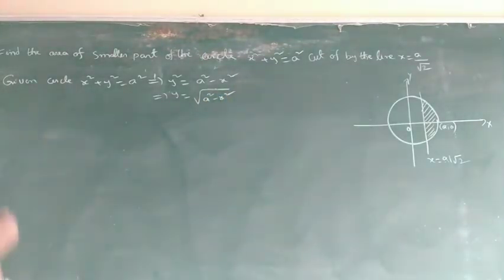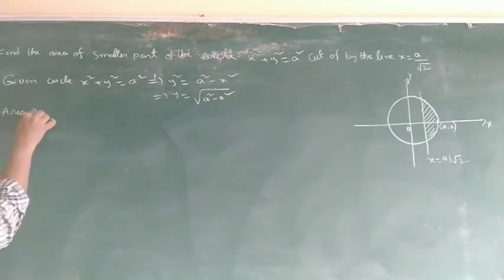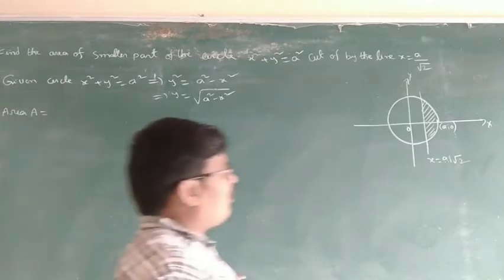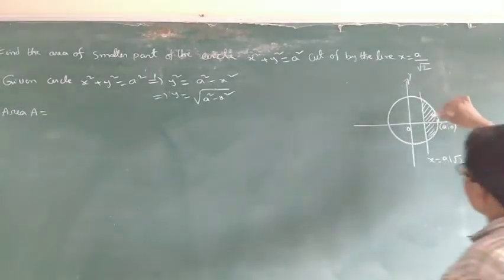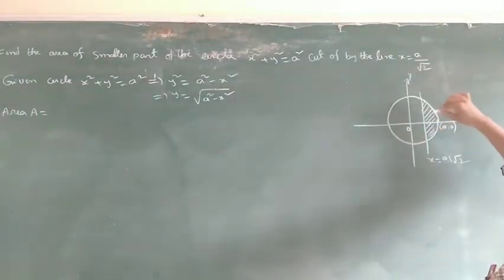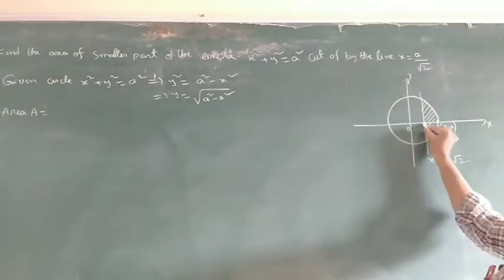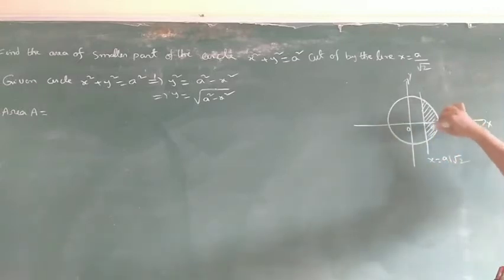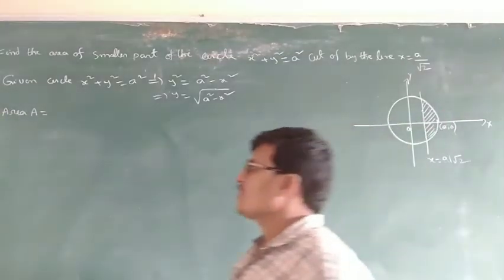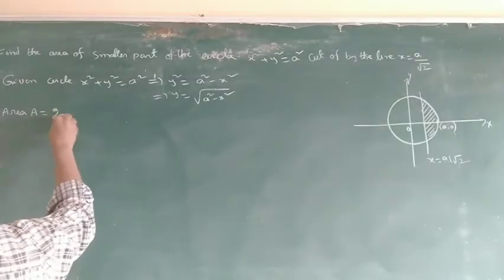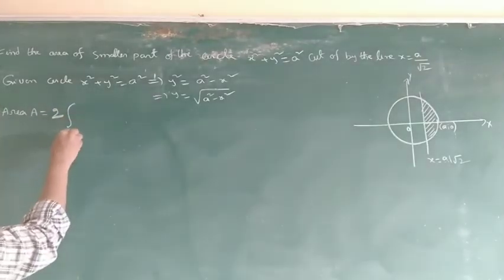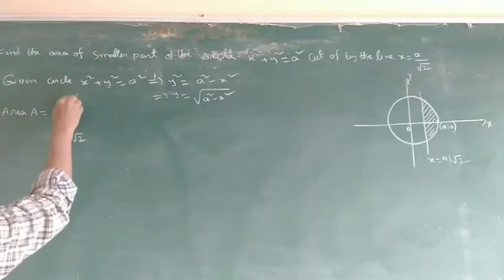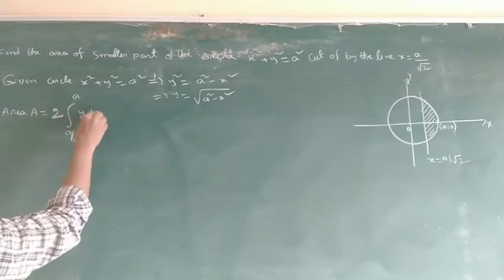Area is equal to, you got two parts, above and below, first quadrant to fourth quadrant. A by root 2 to a means only this one, so both parts we have to calculate. Both parts means 2 into integral a by root 2 to a y dx.